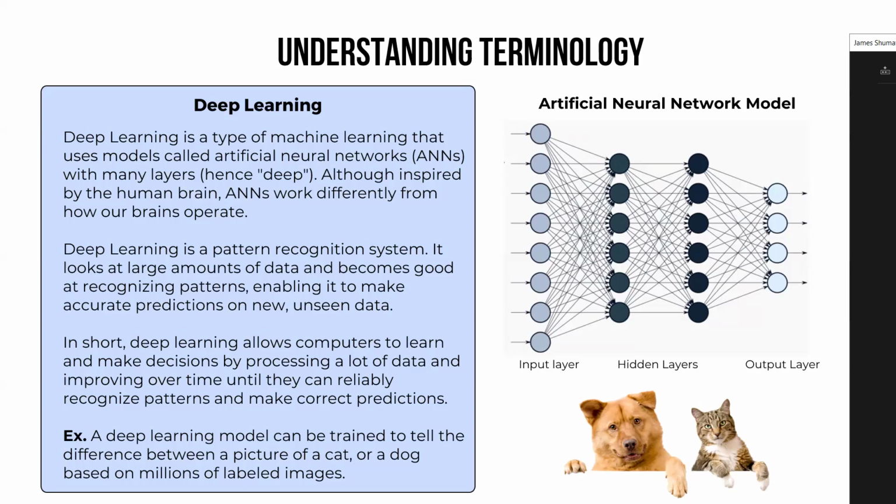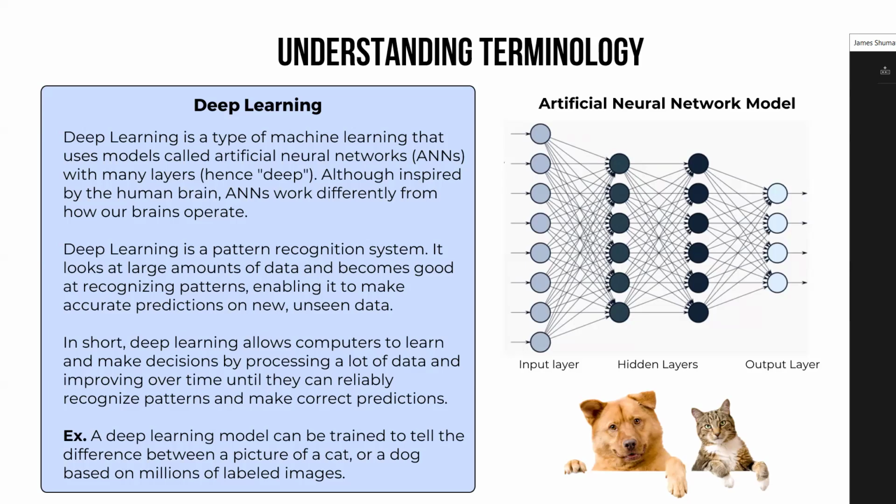Deep learning is a pattern recognition system. It looks at large amounts of data and becomes good at recognizing patterns, enabling it to make accurate predictions on new and unseen data. So in short, deep learning allows computers to learn and make decisions by processing a lot of data and improving over time until they can reliably recognize patterns and make predictions.